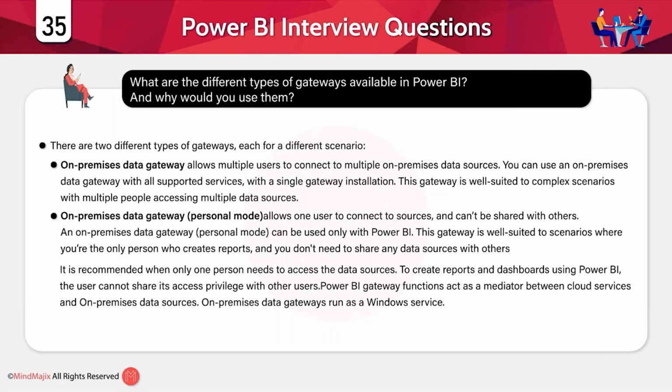But the on-premises data gateway allows multiple users to connect to multiple on-premises data sources, because you want to let others also build the canvas or build the visualization. So the data gateway is typically used when there are a large number of users or creators of that canvas. So this gateway is well suited to complex scenarios with multiple people accessing multiple data sources.